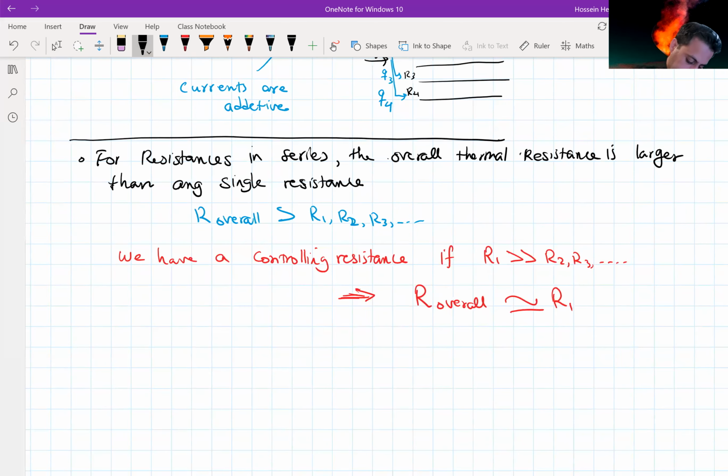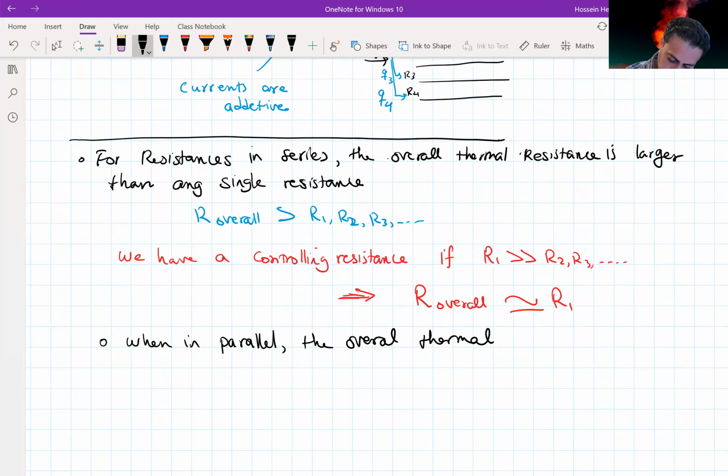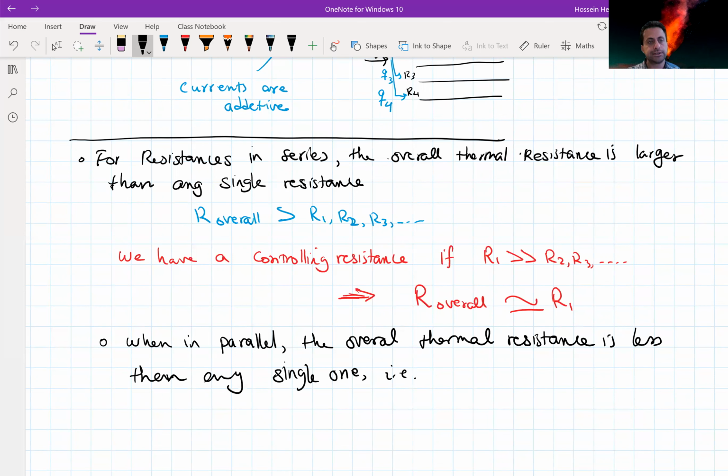Now, if we have resistances in parallel, so when we have them in parallel, the overall thermal resistance is less than any individual one.